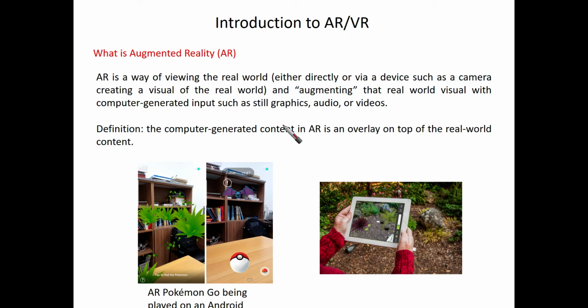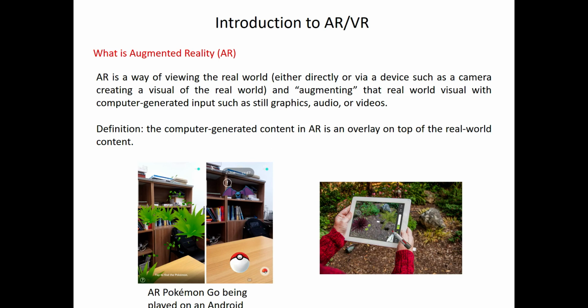But here, AR means that while we are taking the picture, in addition we impose some additional computer generated information, or some other information, that we overlay on this information.